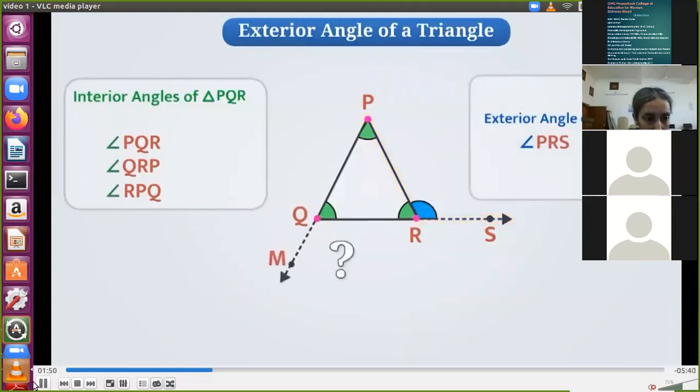Now, we can construct exterior angles on other sides of the triangle also. For example, you can extend the side PQ to M, and when you extend this line, we form another exterior angle, which is RQM.